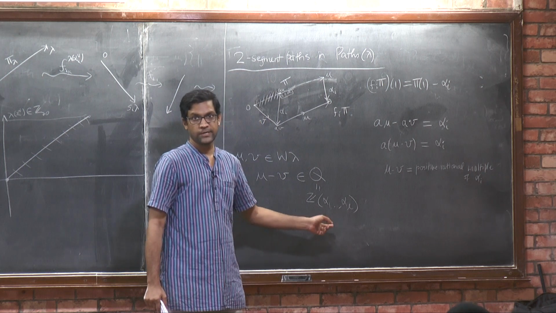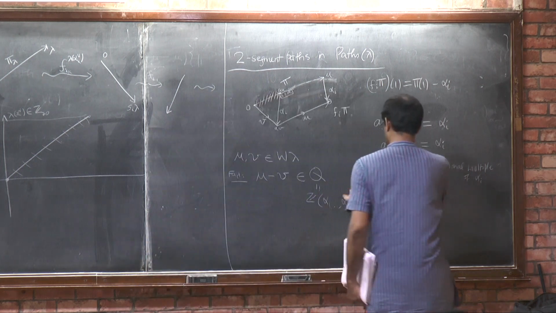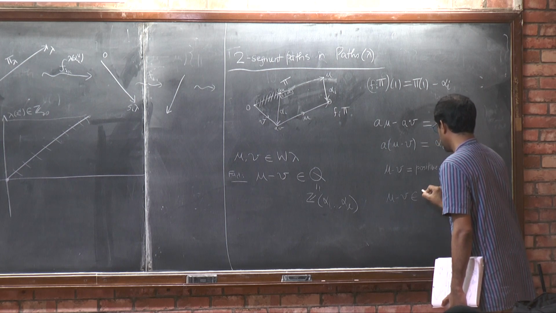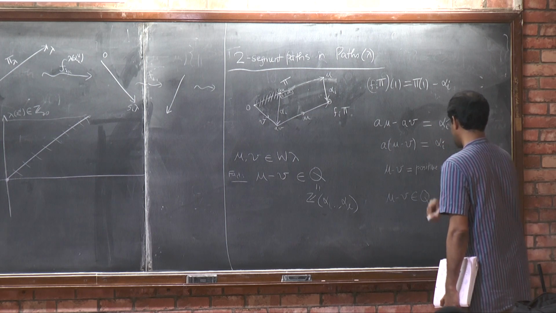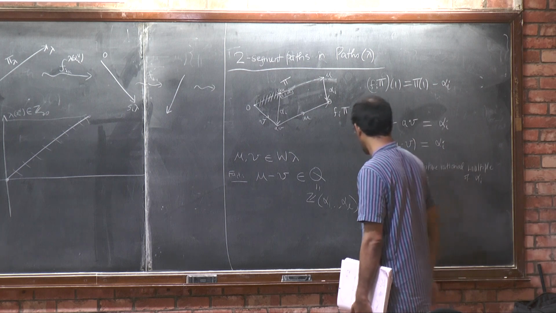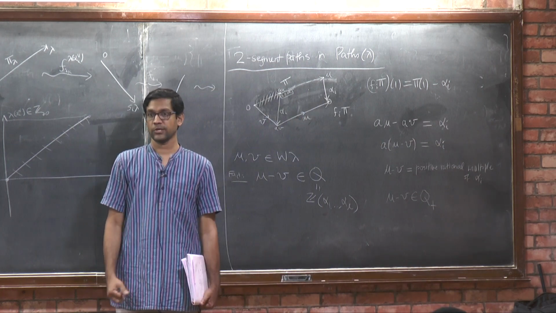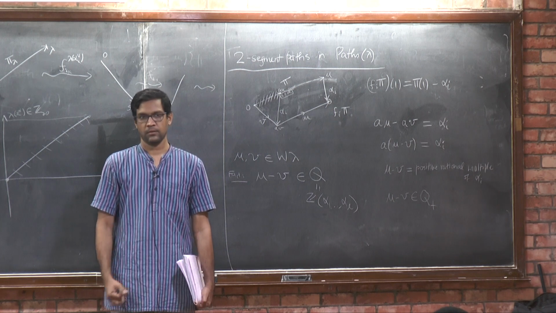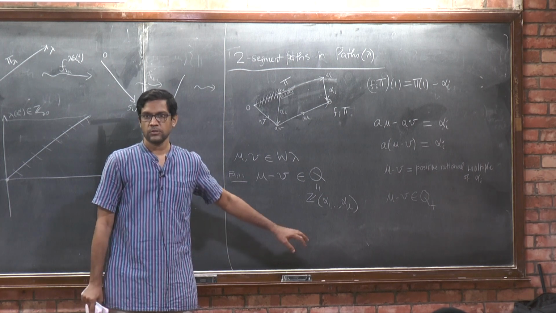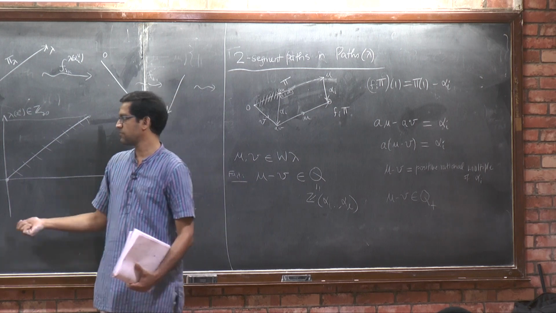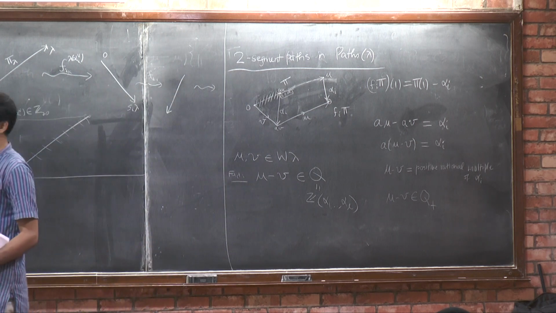So using this fact we conclude that mu minus nu is actually a positive integral multiple of that single alpha I. In particular, mu minus nu is in Q plus.